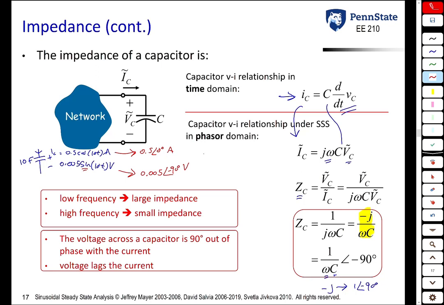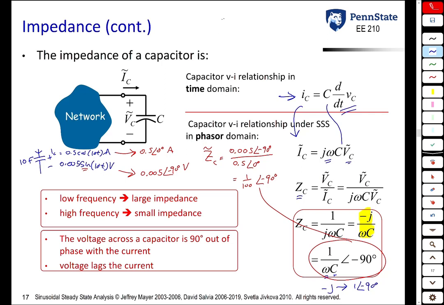And here we see that the impedance of the capacitor is the voltage phasor divided by the current phasor, and we end up getting 1 over 100 at an angle of minus 90 degrees, which once again agrees with that equation.